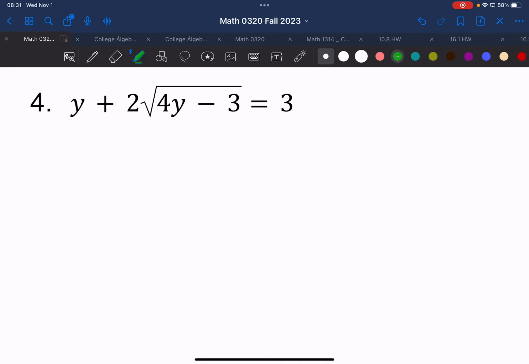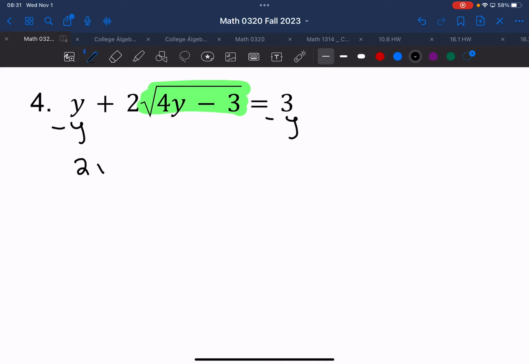We want this part by itself on that side. If we subtract 3, then it's going to get on the same side as the radical. And we want that radical to be by itself, so we're only looking at these components here. Okay. Subtract y.